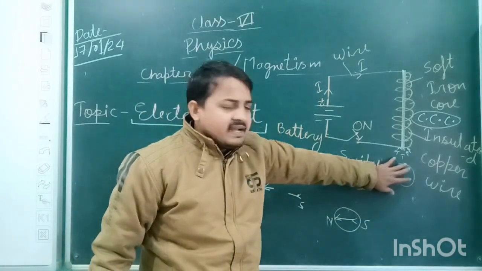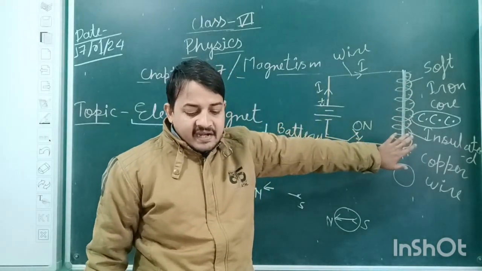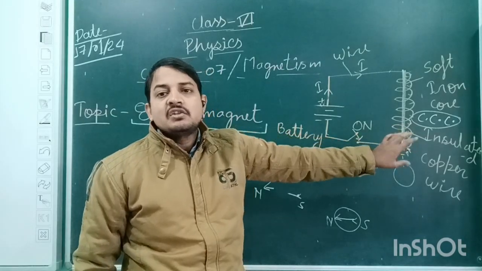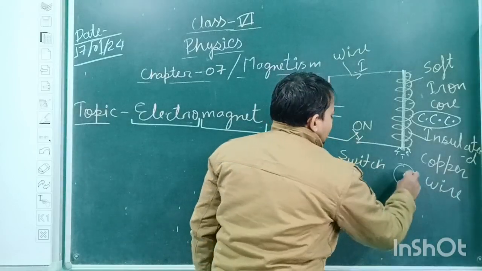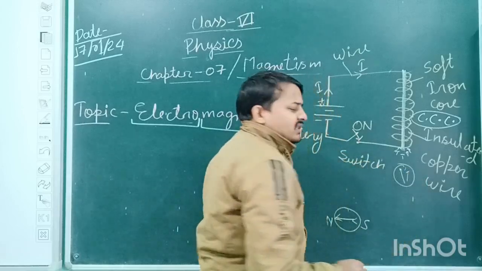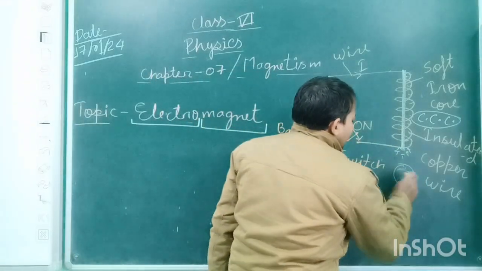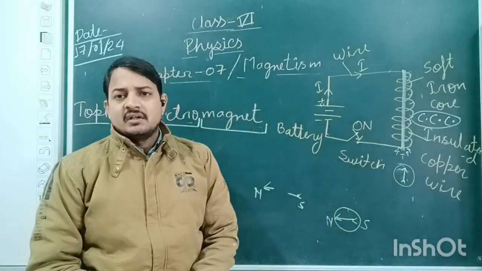But if I take this compass near this current carrying conductor, what will happen? It will show some kind of deflection. Earlier it was in this position, in the middle it will show some deflection, and after a certain time it will come to fix at a certain position.